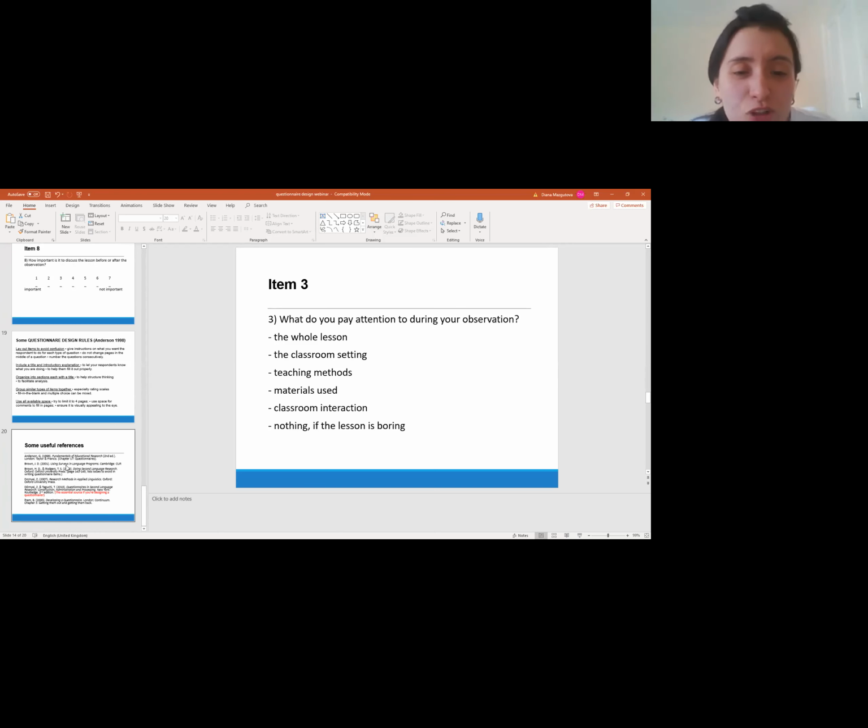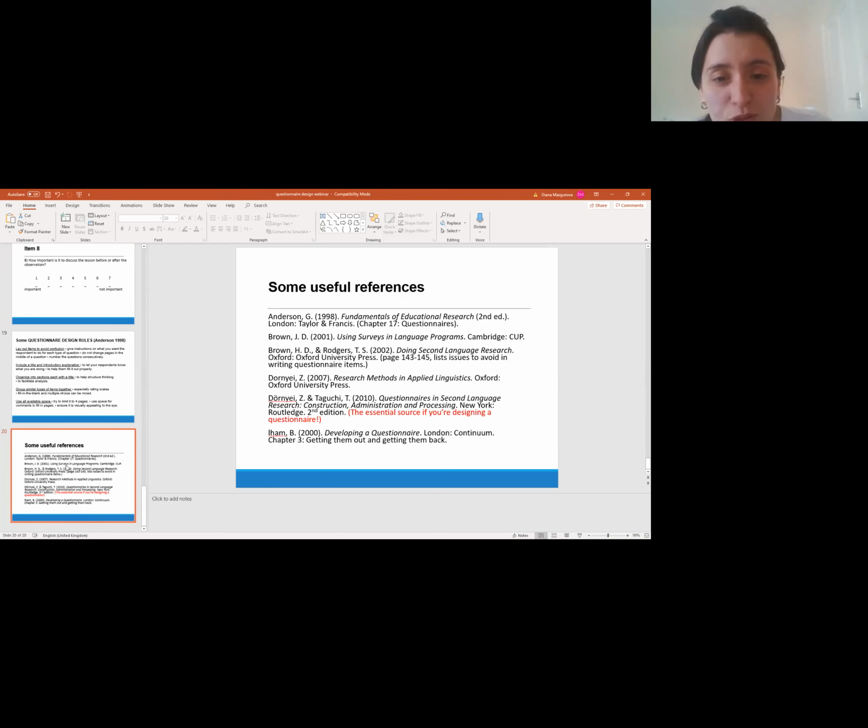But I just wanted to share some useful references with you on this slide, which you can see now. There are a few sources which I would like to recommend. One is by Anderson, Fundamentals of Educational Research. The source by Brown, which we looked at today, Brown and Rogers and Brown. Then Zoltan Dörnyei's book on research methods in applied linguistics is a very good source.